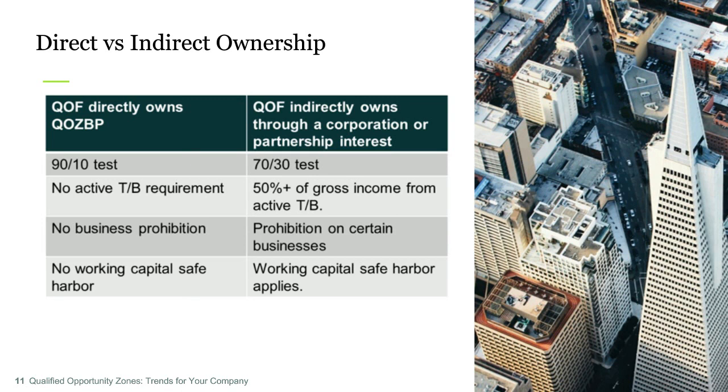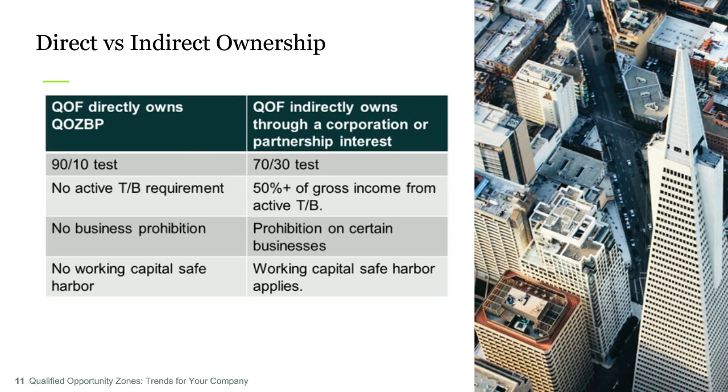When you work through this tiered structure, there's certain businesses that you just can't invest in and have it qualify as a qualified opportunity fund. Some examples of that would be golf courses, country clubs, liquor stores, casinos. You do not have that business exclusion requirement on the qualified opportunity zone business property side.